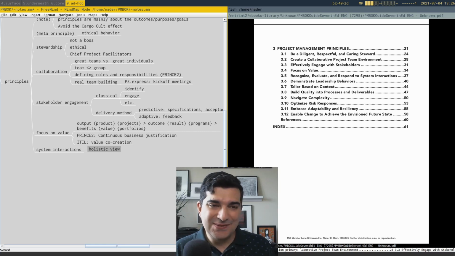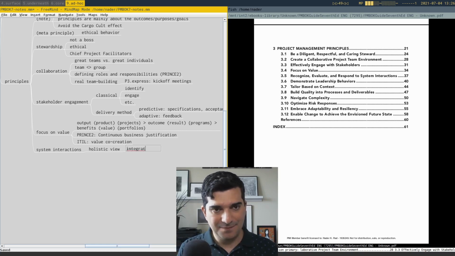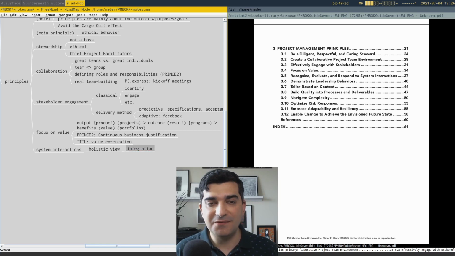It's also about the concept of integration, which is really key in all the previous versions of the PMBOK guide.